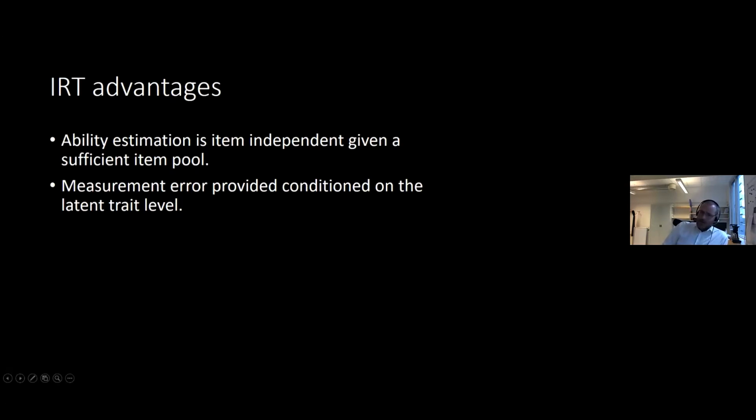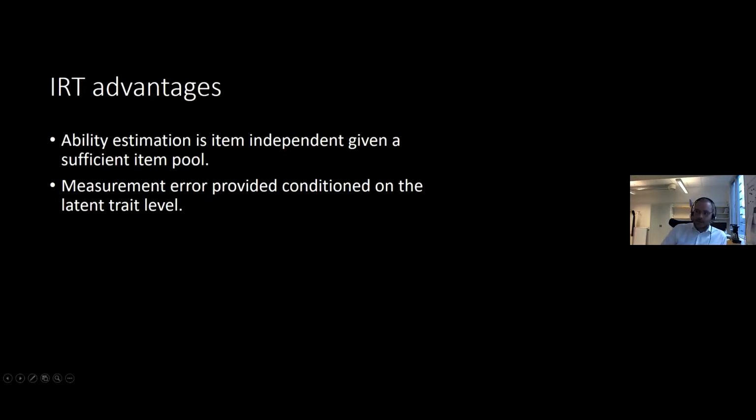But if we're going to have this independence of which items are used, it's important that you have a rather homogeneous item pool, because you need a pool of items that all tap into the same construct or latent trait. I will try to use item and construct because those are the two words I'm familiar with.